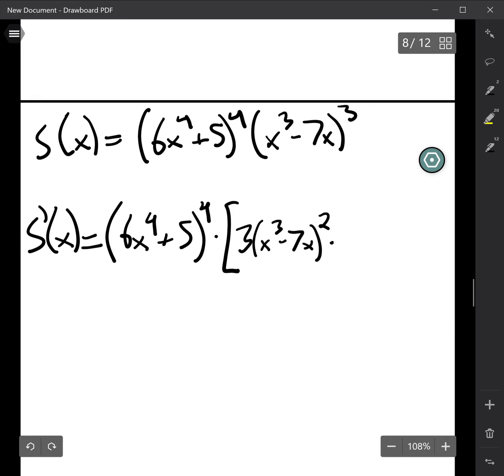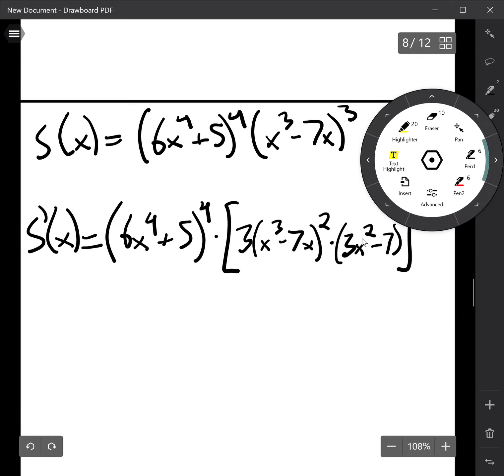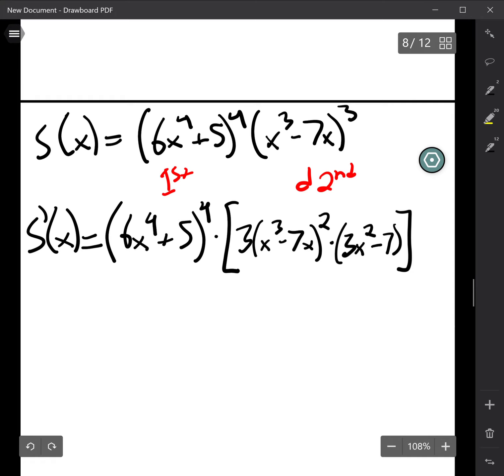Multiply that by the derivative of the inside. Derivative of x cubed is 3x squared. The derivative of minus 7x is minus 7. So right here we have first d second. And d second just happened to require chain rule.